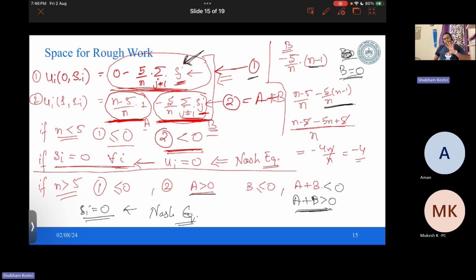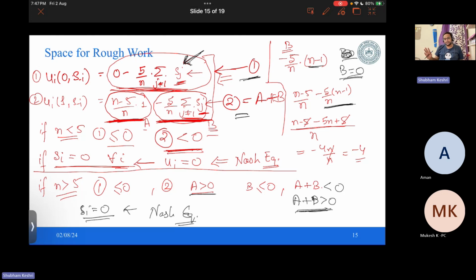So whenever all the players are playing 0, then utility from the first term will be 0 and utility from the second term will be positive. So everyone will try to play 0, because either they will obtain 0 or positive, never negative.